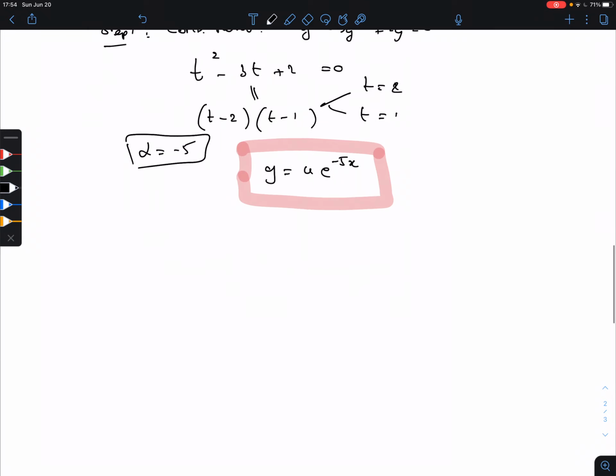We do the variation of parameters, so we need the derivative: u prime e to the minus 5x minus 5u e to the minus 5x. Then y double prime is u double prime e to the minus 5x minus 5 times u prime e to the minus 5x, and then the derivative of the second term gives plus 25u e to the minus 5x.